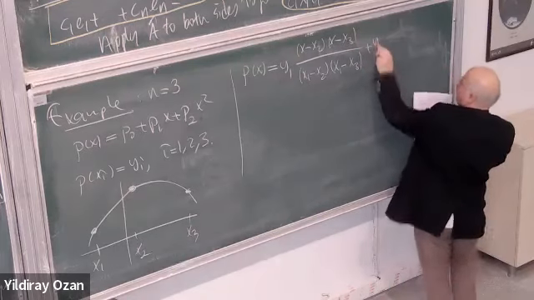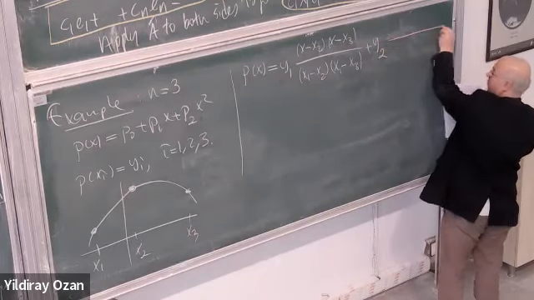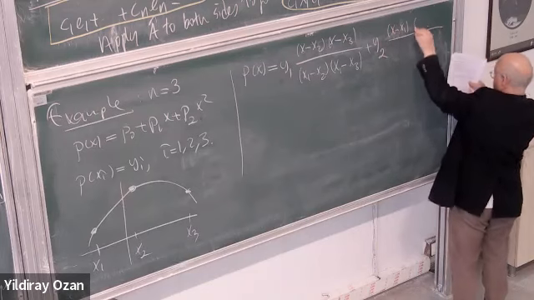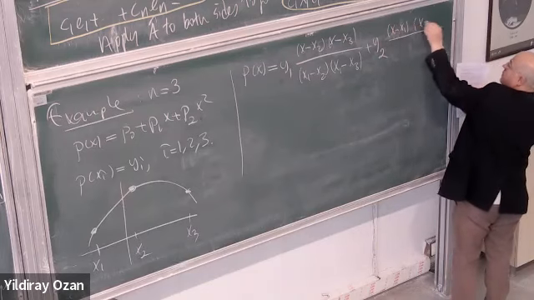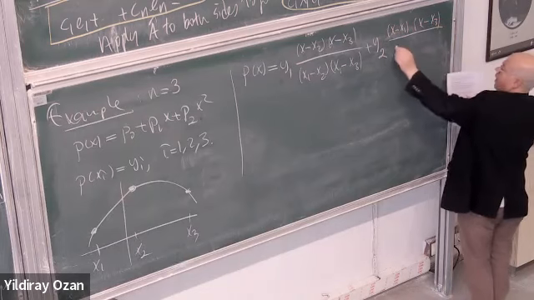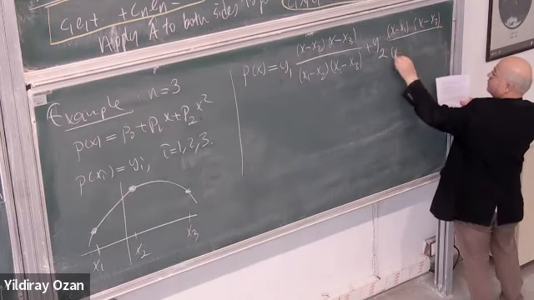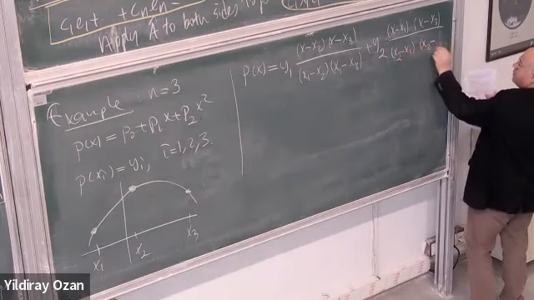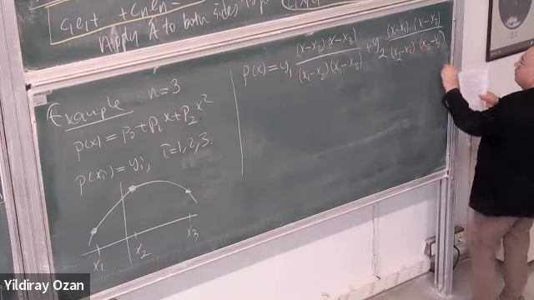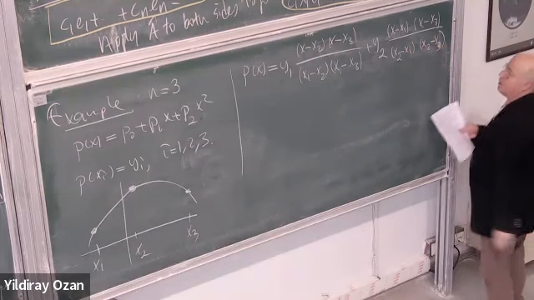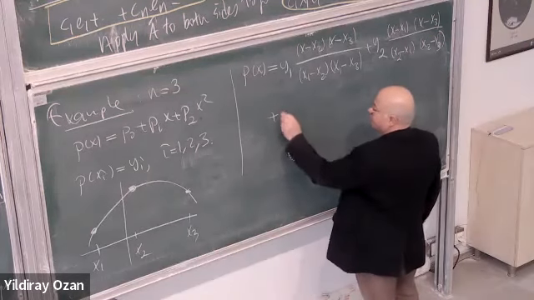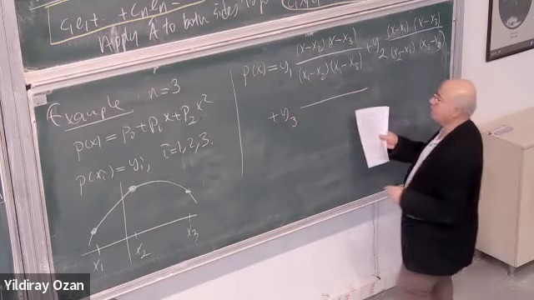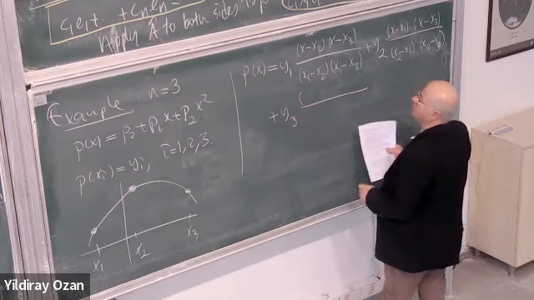plus y2 times (x minus x1)(x minus x3), and then (x2 minus x1)(x2 minus x3), plus y3. This time you can guess, right?